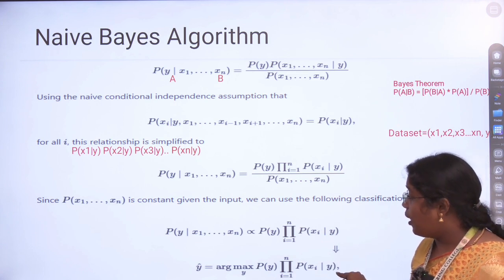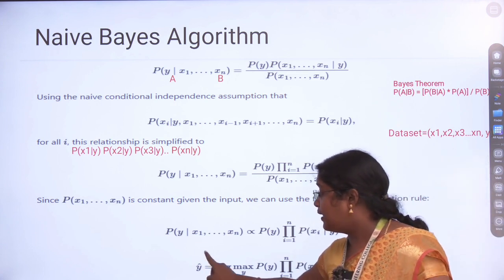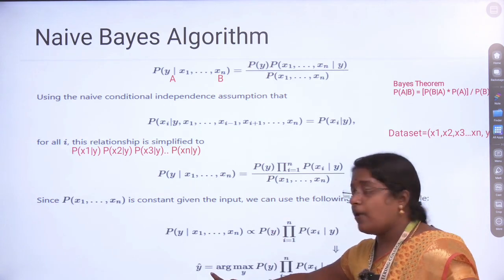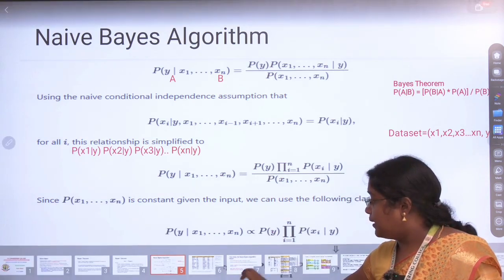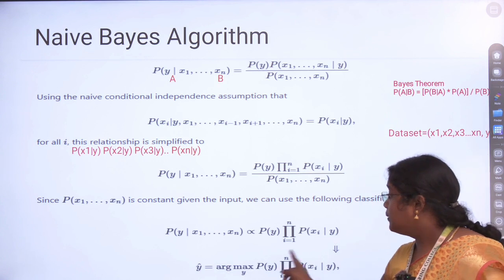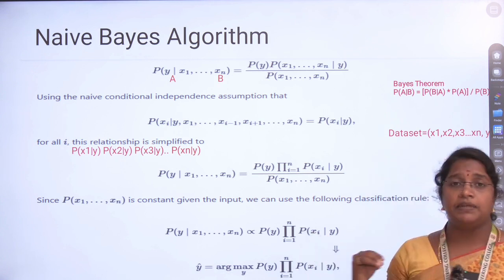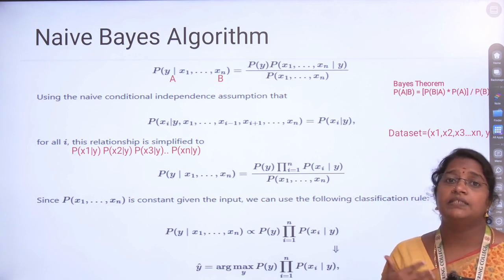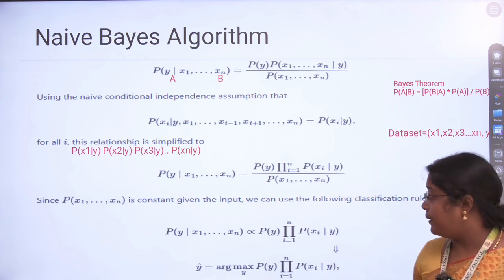So the final outcome is y cap. The y cap is determined by the argmax of the product of these calculations, which means the argmax always selects the class which has the highest probability.